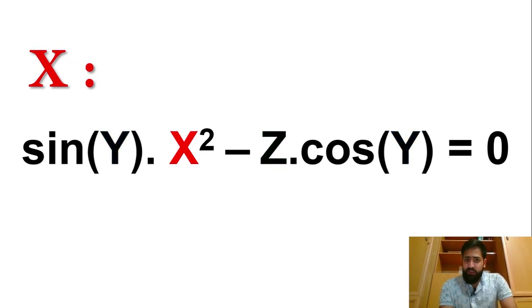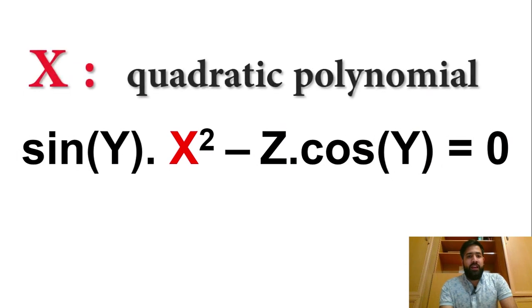A quadratic polynomial has only the x squared term, the x term, and a number. Here sine of y and z cosine y are normal numbers. Sine of y is the coefficient of x squared and minus z cosine y is a normal number.